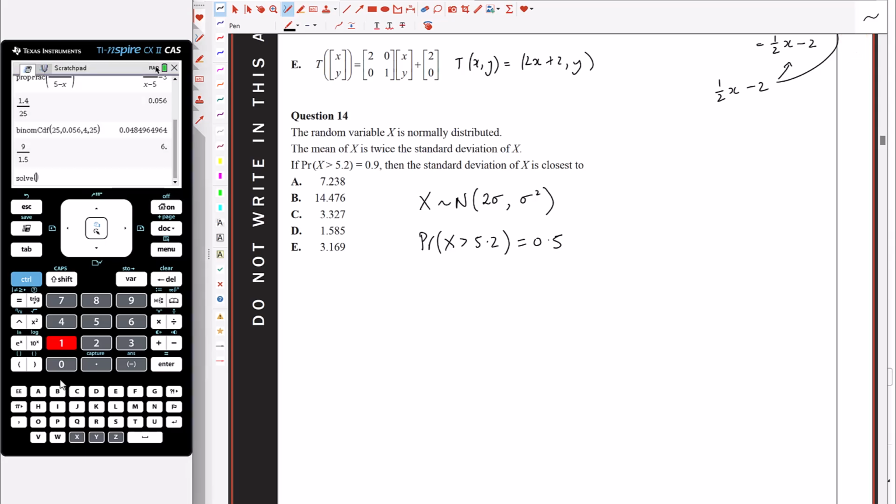So we're going to do a solve. We're going to get a menu 552, so it's a norm CDF. Bigger than 5.2, so lower bound 5.2, upper bound infinity. Mean is 2 times an unknown quantity, 2s. Standard deviation is just s.